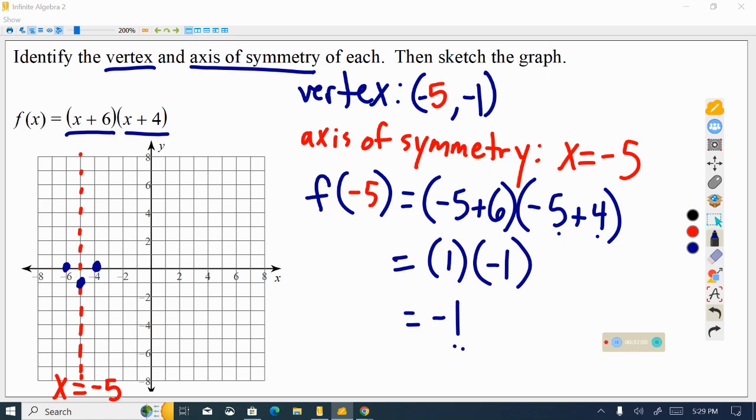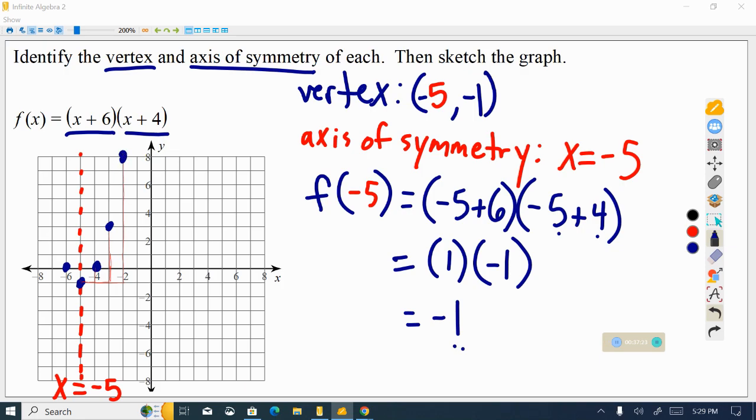So now we just use our quadratic growth. If I go over 1 again, I go up 1 squared. If I go over 2, I go up 2 squared, which means 4. So that's 1, 2, 3, 4. And I put a point down there. If I go over 3, I got to go up 3 squared. So that's 1, 2, 3, 4, 5, 6, 7, 8, 9. And then I put a point down right there.